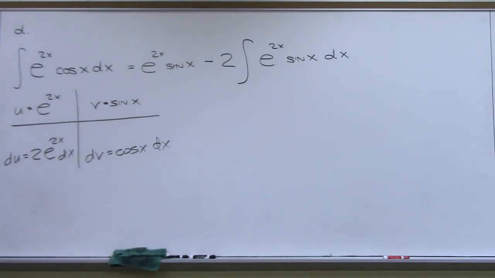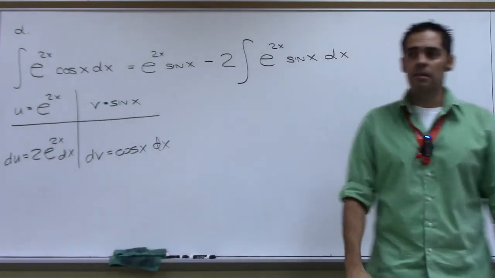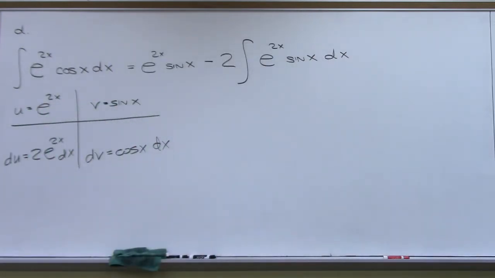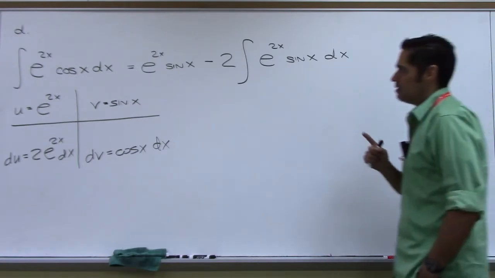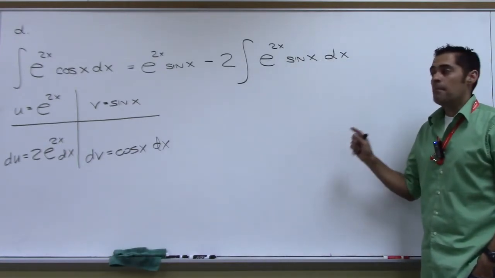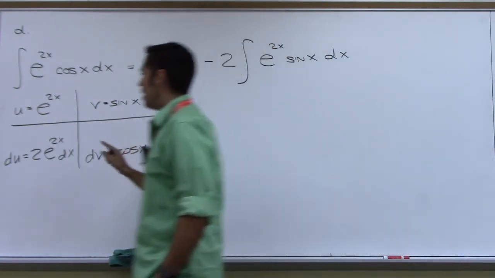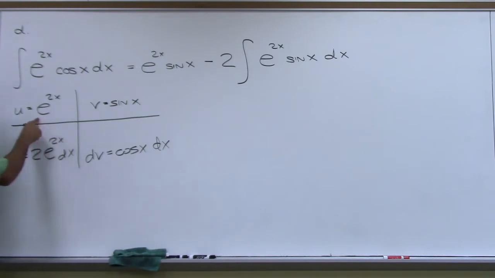Okay, now proceed. Now I was thinking we do it again, except we switch them. Okay, this is a very good thing you brought up. If we do this integration by parts again, but we switch the order, pay attention. That means instead of letting u be this one, we let u be the other one, right?